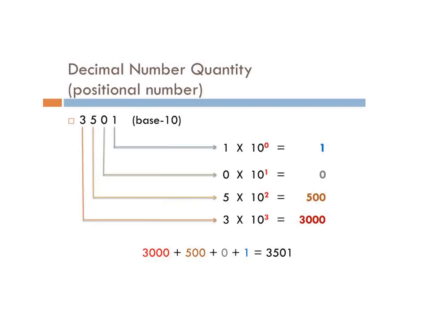There is another example, that is the positional decimal number. Here we have the number 3501, which has the base 10. Start with the rightmost digit, that is 1. Multiply each digit by 10 raised to power n, where the initial value of n is 0.